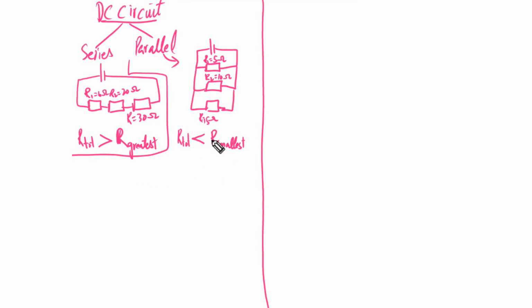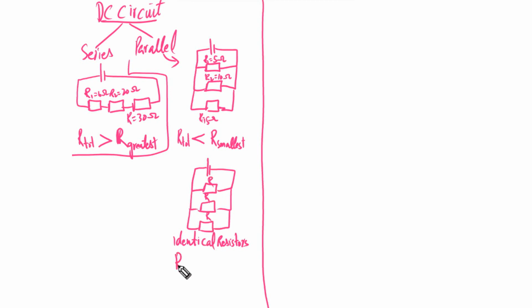One thing more we need to understand about the parallel circuit: let's say we have this circuit again, so I will write it down here. Let's say this is R and this is also R. They are identical resistors, meaning they have the same resistance, and we connect them all in parallel.